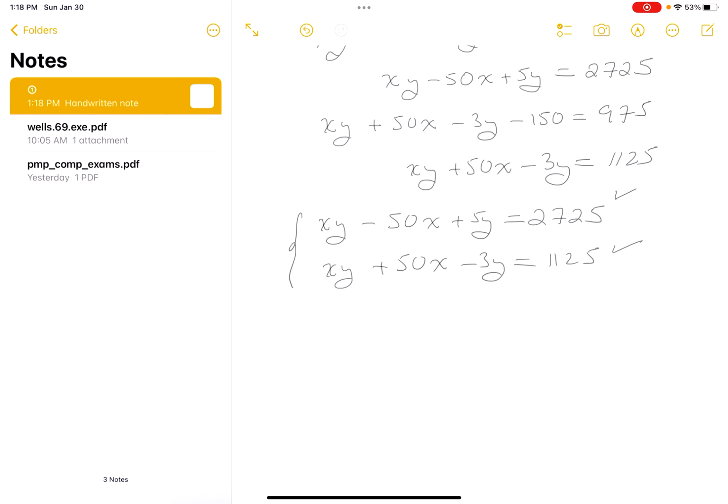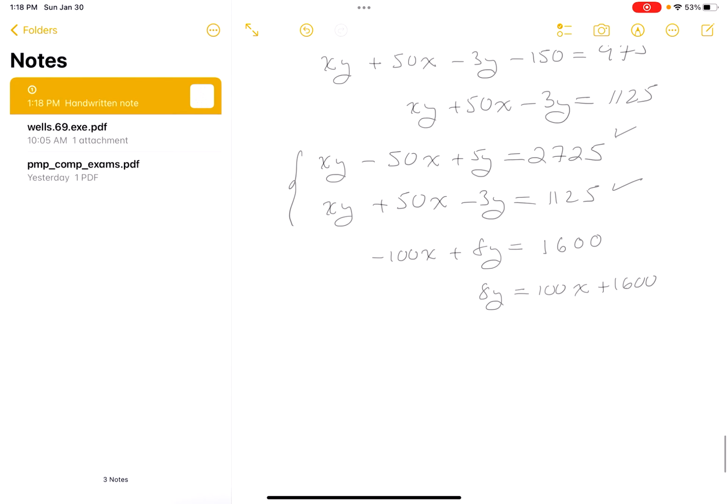I would get minus 100x plus 8y equals, I gotta be careful here, 1600. That's a pretty simple relationship. But what I'm gonna do over here is I'm gonna say 8y is equal to 100x plus 1600.